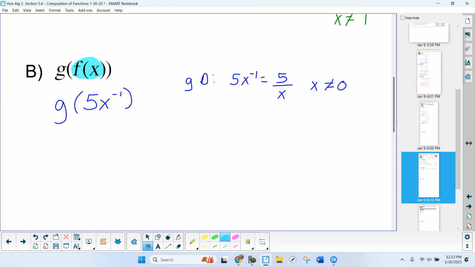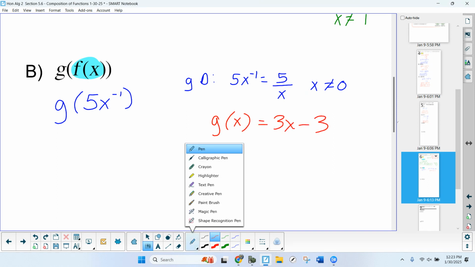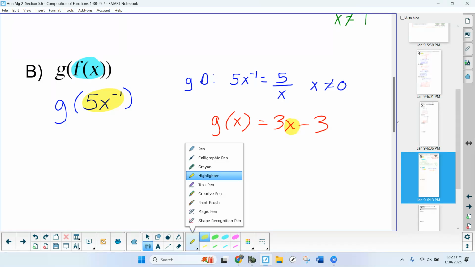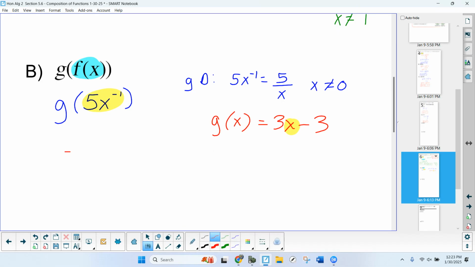Okay. Now we go to function g. I'm going to rewrite g up here because it's all the way up top. G of x is 3x minus 3. And now, what are you guys going to put in place here? So, how would I write this? Well, I have 3 times 5x to the -1 minus 3.